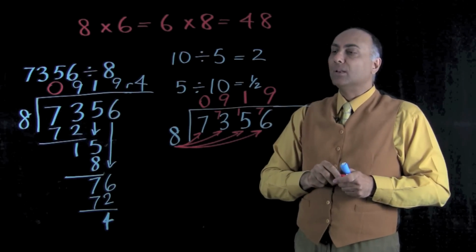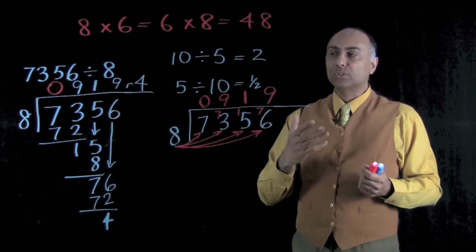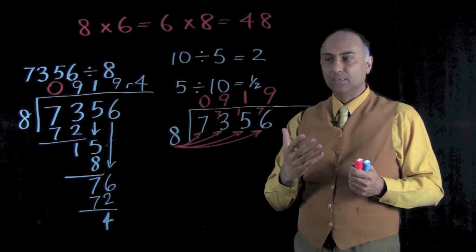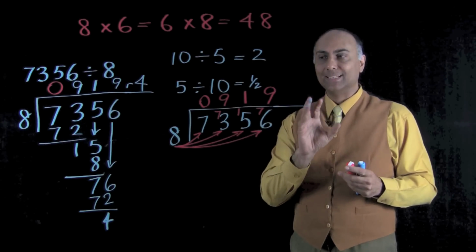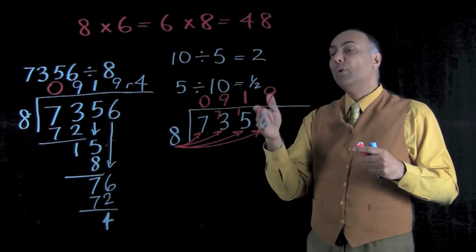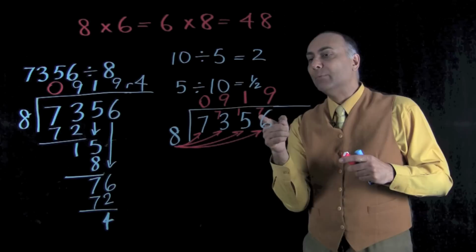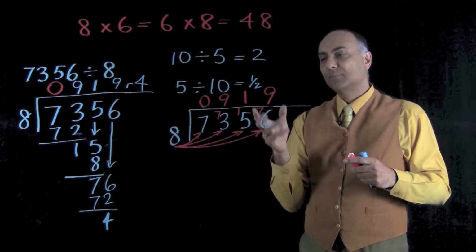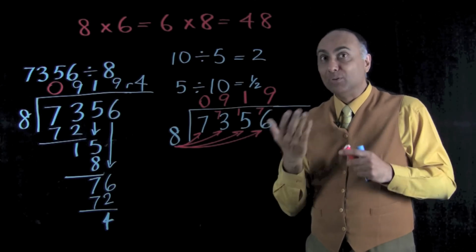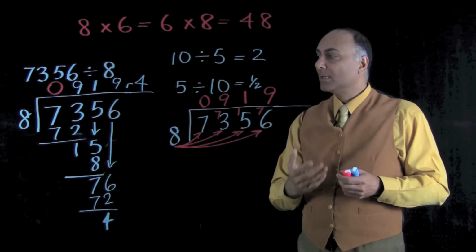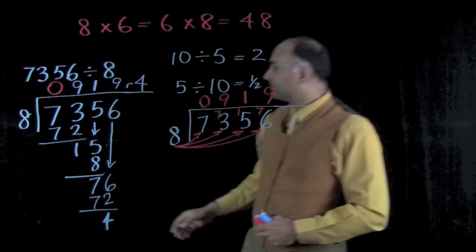So there is no reason why I can't write noughts in empty columns. You can always do that. We only write noughts when they're necessary. Well, because we want to continue dividing and we have a remainder after we've used up our last digit, the 6, we now need the naught. So we write it.